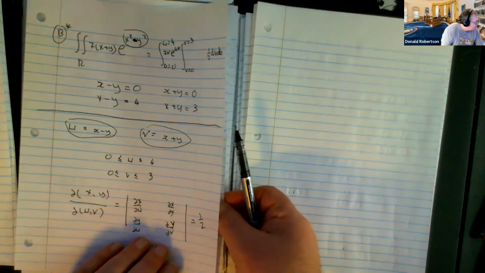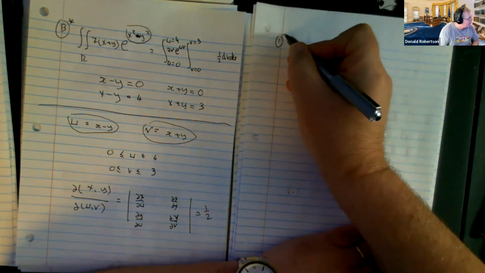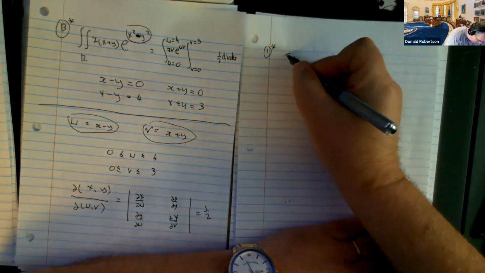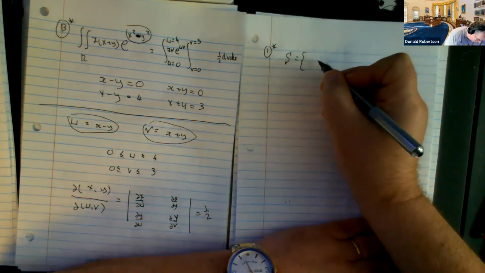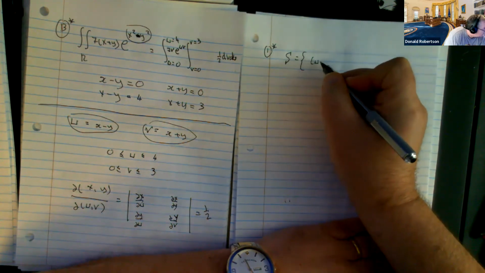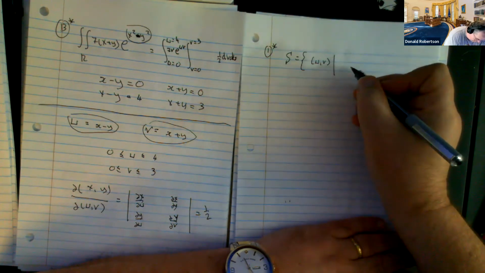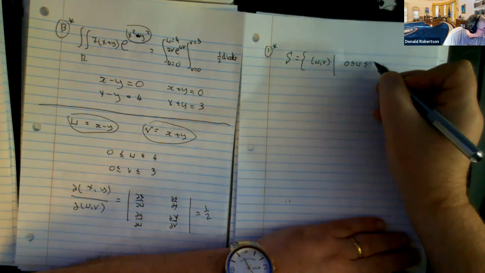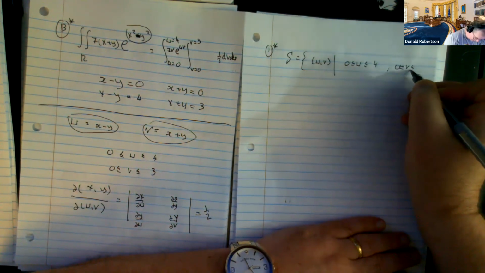Our next fella is question 1. We'll be given a region S in terms of variables u and v, such that u takes values from 0 to 4 and v takes values from 0 to 3.